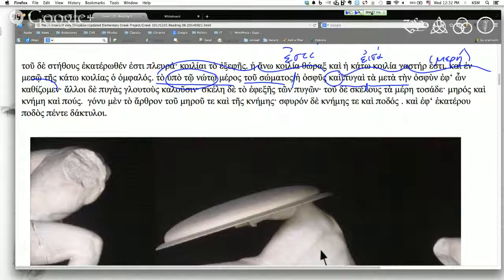Meta ten osphun. The part of the body after the loins is the buttocks on which we sit. Very good, very good.